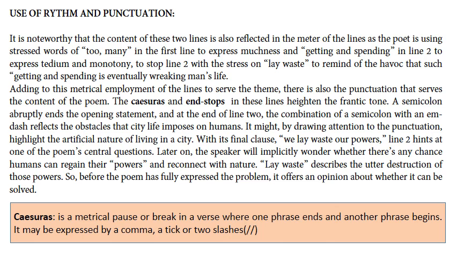And also he continues in line 2, and he uses the stop when he stresses lay waste, to remind the reader that the modern man, the man who is living in the city and following the lifestyle of the city, is in fact getting and spending, and he is eventually destroying himself or destroying his life, because he is spending all his life in getting and spending without adding anything to his entity as a human being.